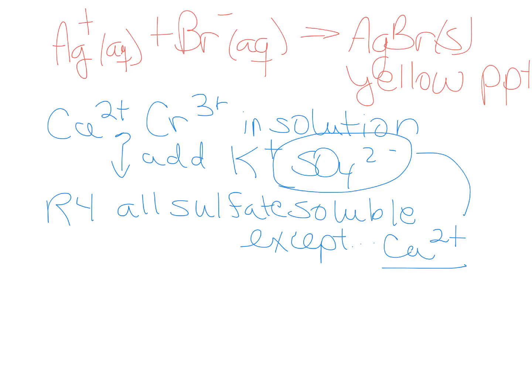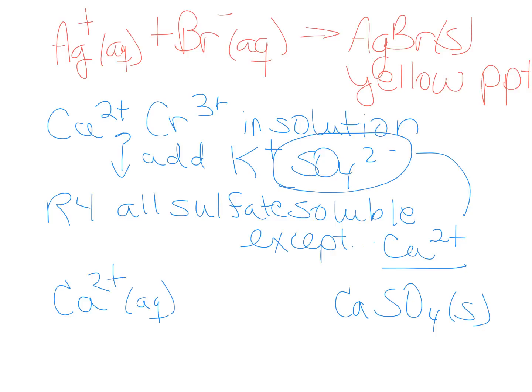So this time I will just write the solid for you. Calcium is 2 plus, sulfate is 2 minus. So our precipitate is CaSO4, and that will be our solid. And when we write the net equation, this means Ca2 plus in aqueous solution meets sulfate aqueous to make this solid right here.